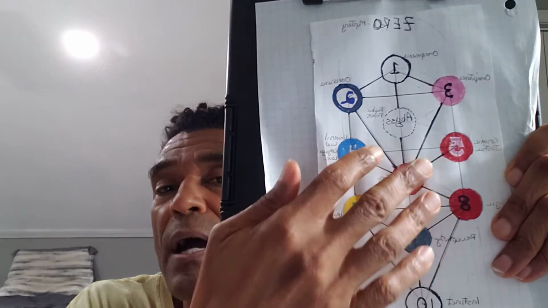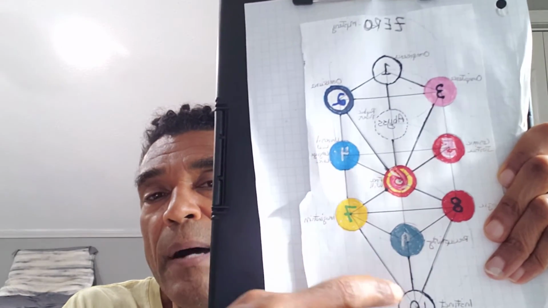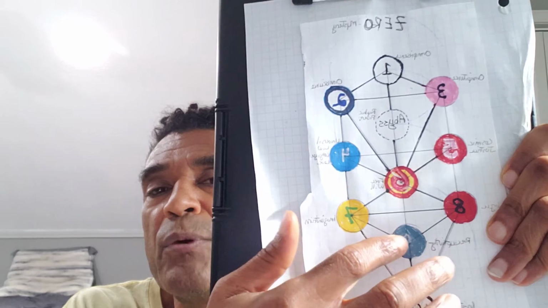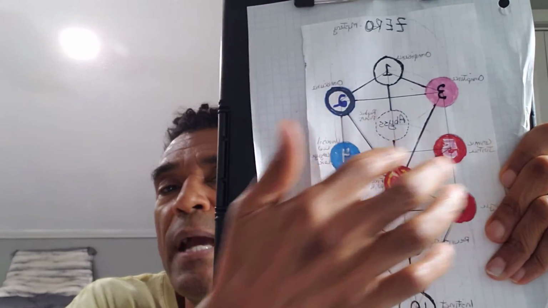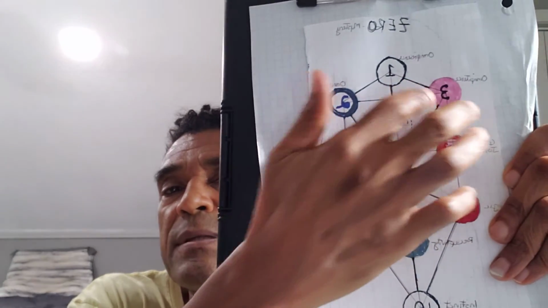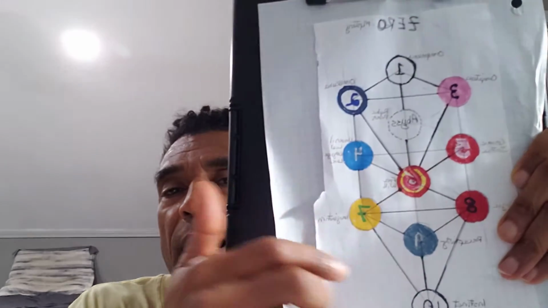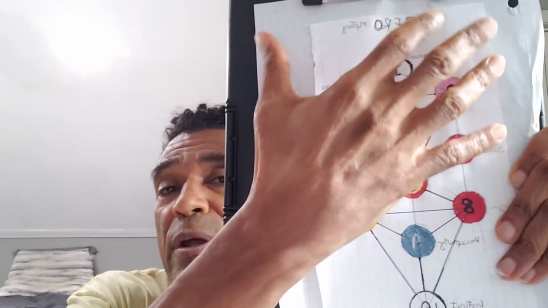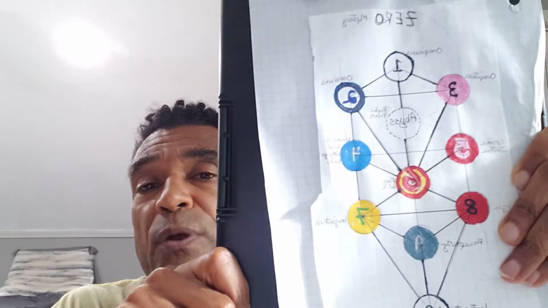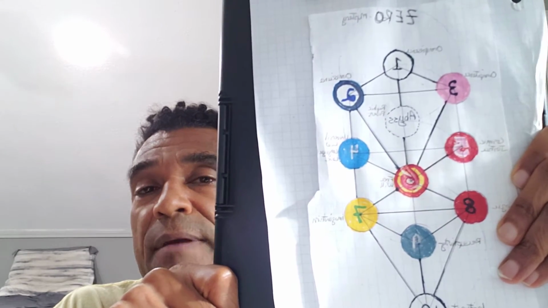Now we can get stuck at any point, but ideally, we would move all the way up the tree and open up each one of these faculties one at a time until we merged with God at the top of the tree.